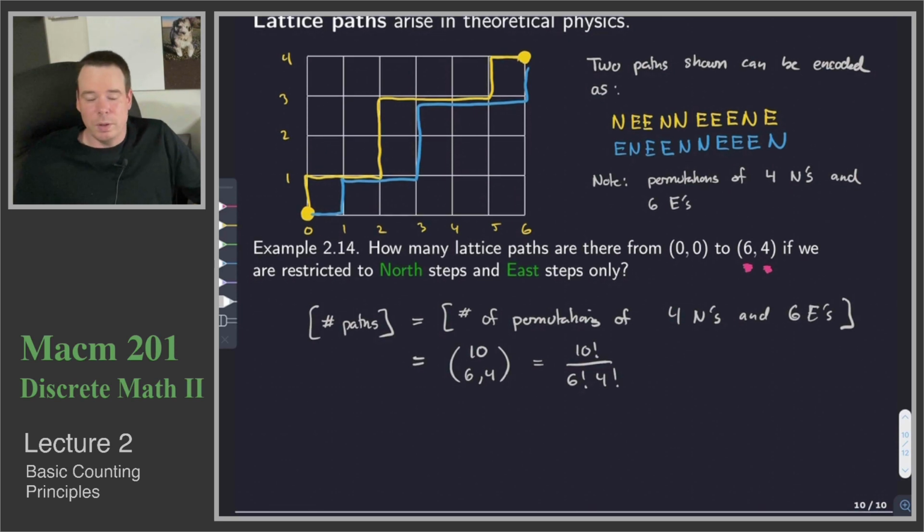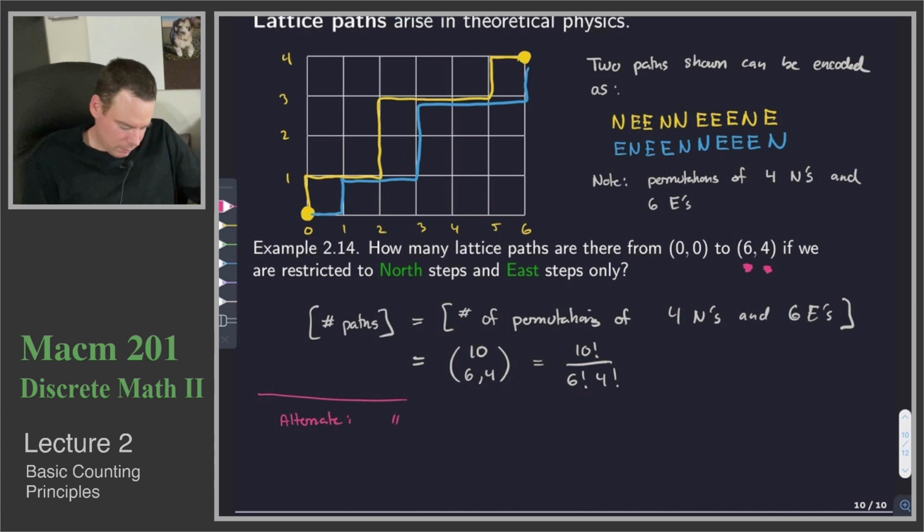So that's one way to do it, to connect it with these words in two letters, N's and E's, where one letter appears 6 times and the other letter appears 4 times. Maybe we could think about an alternate solution.